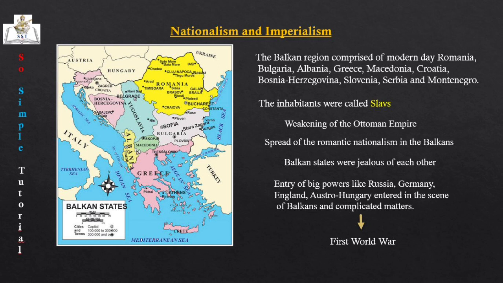This led to a series of wars in the Balkan region and finally it led to the First World War. Thereafter, it had an effect on the rest of the world too. Many countries in the world which had been colonized by the European powers in the 19th century began to oppose imperial domination. Say for example India, we were colonized by the British. We fought for our independence.